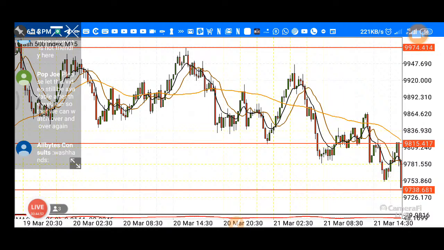Okay, so let's see what will happen over here again. That same level we've drawn, see it's breaking this level.